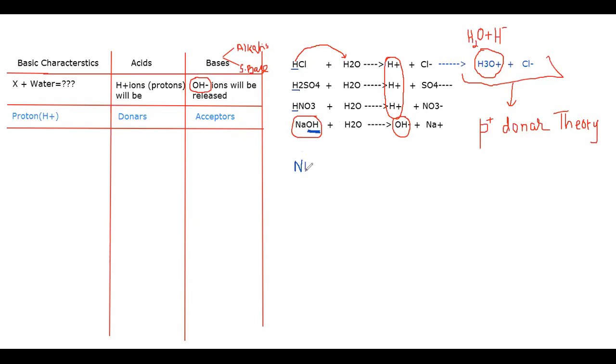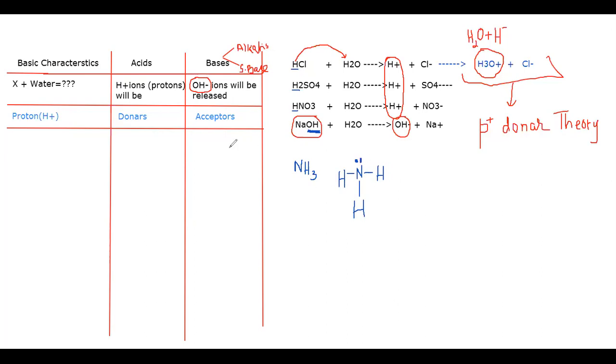Now in the case of ammonia, just like acids keep the hydrogen ion, ammonia also keeps hydrogen. What is the structure of ammonia? This is the basic molecular structure of ammonia. Ammonia makes three covalent bonds, and the lone pair of electrons is found on the upper side of the ammonia.